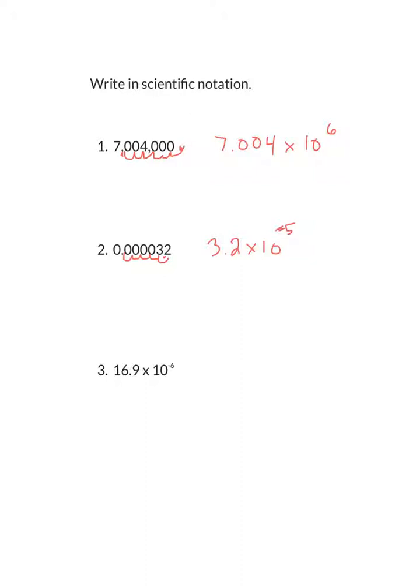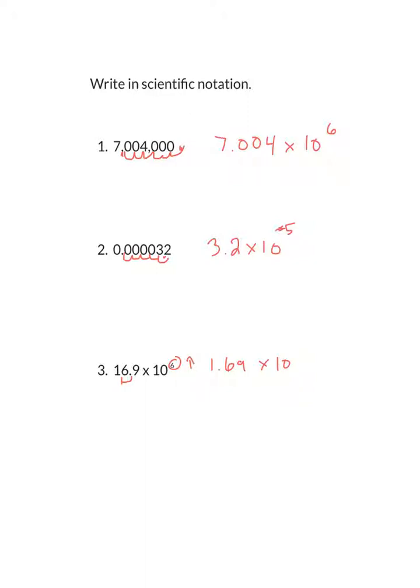Our last problem here looks like it's in scientific notation, but the decimal is slightly off. It needs to be over here in between the 1 and the 6. So my number should be 1.69. Now, that's going to change this exponent right here. That was a -6. Like the example in number 1, if we moved it to the right, that means my exponent has to go up.